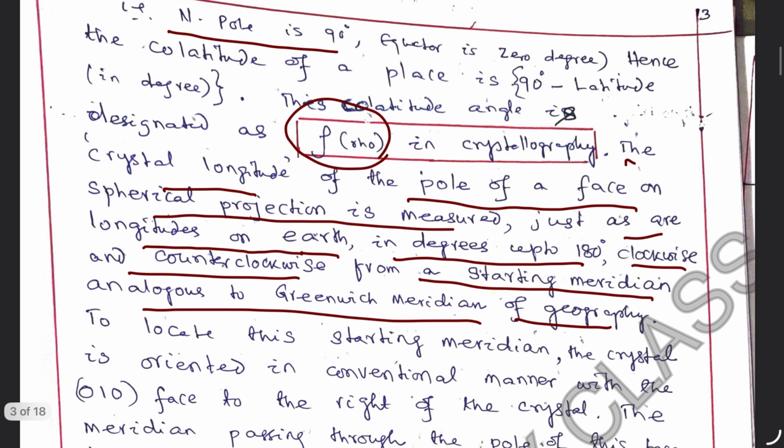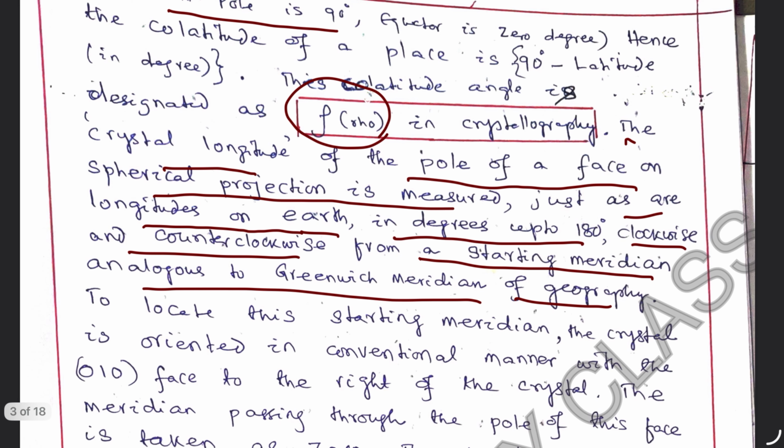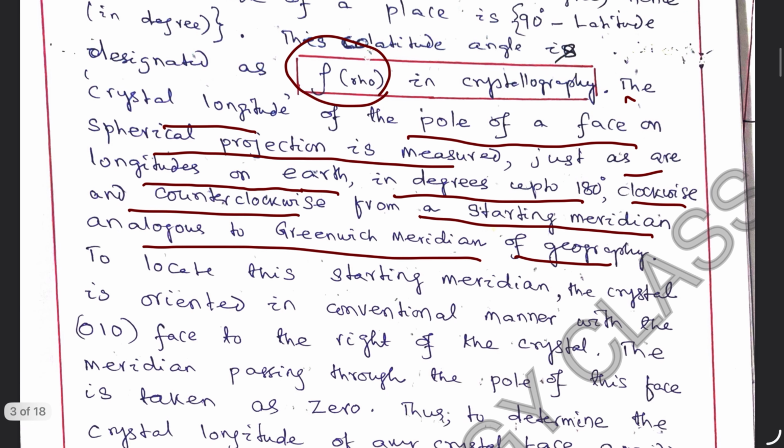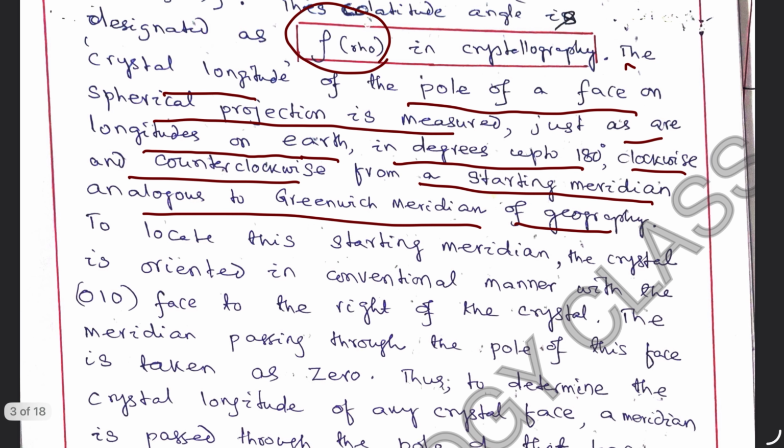Similarly, we have the zero longitude passing through the pole which occurs at the 010 face. The point where the 010 face appears on the spherical projection is considered to be the starting point, and the vertical circle that runs through it is the 0 longitude.